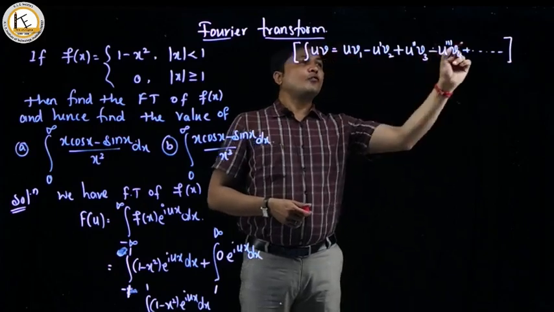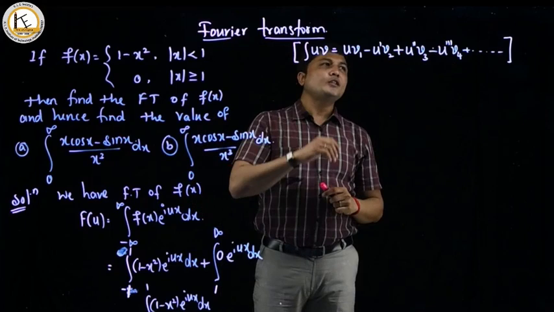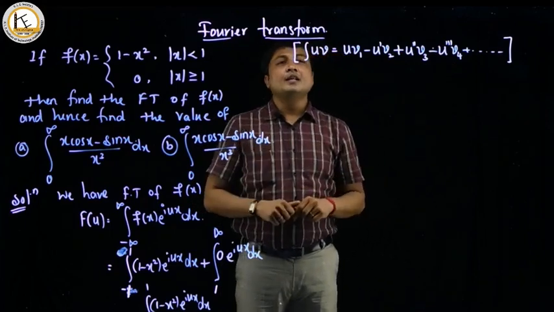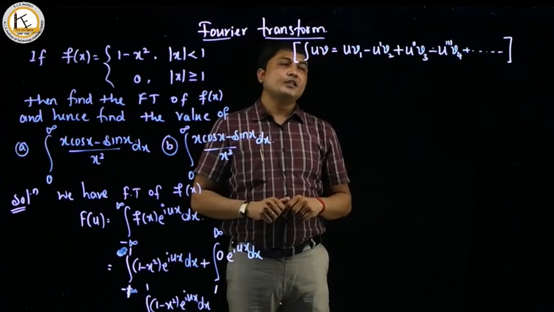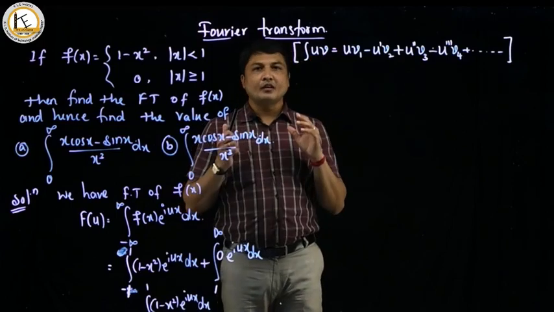This formula is called Bernoulli's rule, and we use it whenever there is a product of two functions, and out of that product one function must be vanishing.